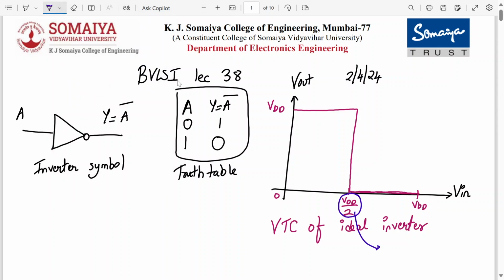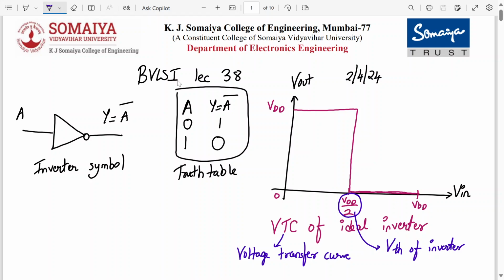This is the threshold voltage of the inverter, VTH. VTH for the inverter is VDD by 2 ideally. This is called the voltage transfer curve. Now, let us decode this curve and understand what it means.